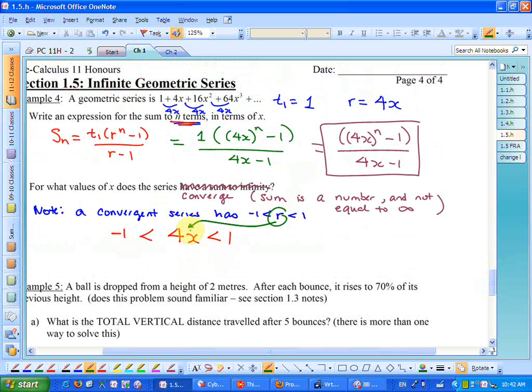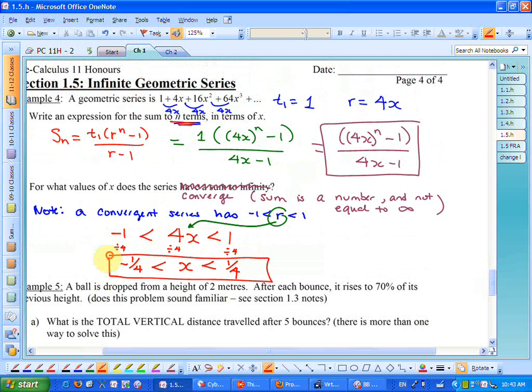Now, you don't want to solve for 4x, you want to solve for x, so we have to get rid of that 4. How about just dividing every single term by 4? Then we get x is less than, what's 1 divided by 4? I'll write down the fraction 1/4. And on the other side, it also must be bigger than negative 1/4. So this is your answer here.